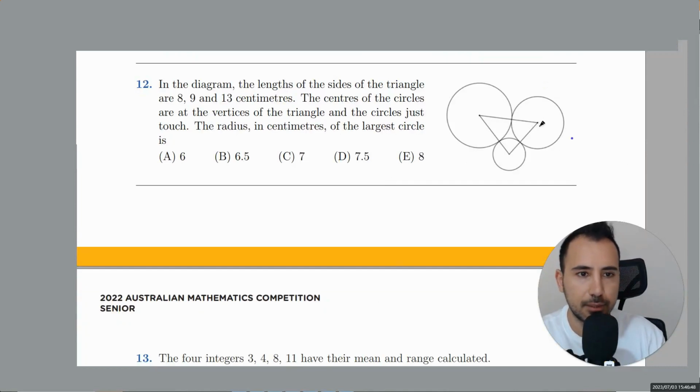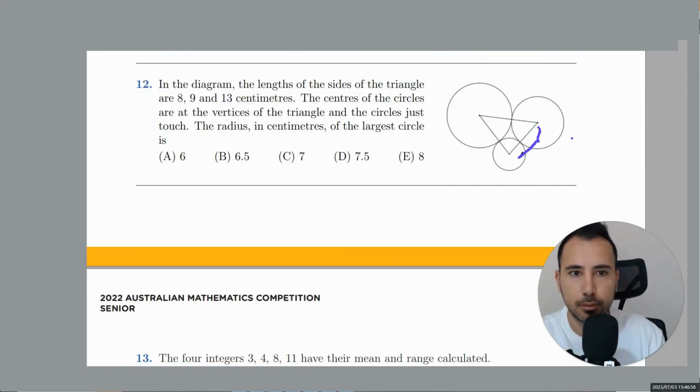So now we just have to see visually, this one looks smaller. From here to here, this side will be 8, this one will be 9, and this one will be 13.